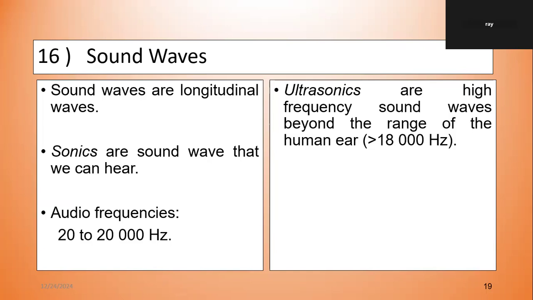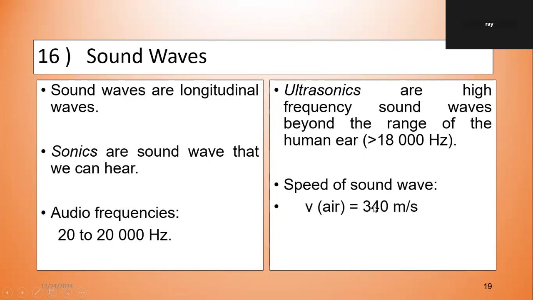Ultrasound are high frequency sound waves beyond the range of the human ear. So it's usually more than 18 kilohertz. You study this under applications. Speed of sound usually will be given to you, but you should know roughly in case they ask you for an objective question. What's the magnitude of the speed of sound? It's about 300.